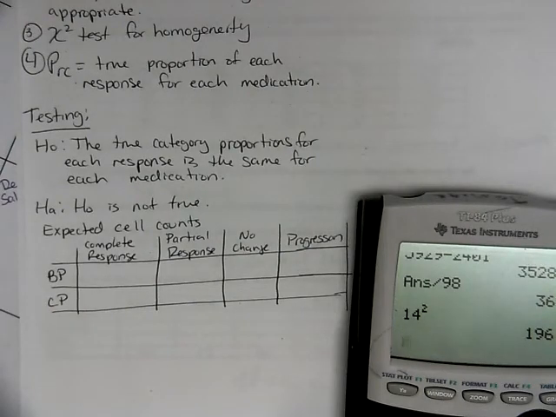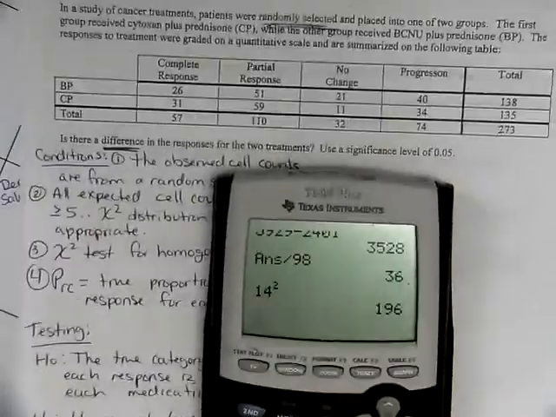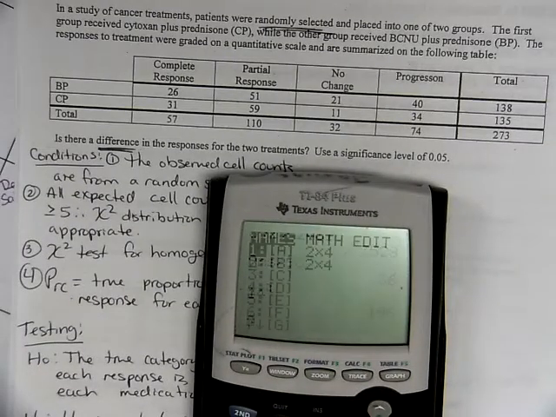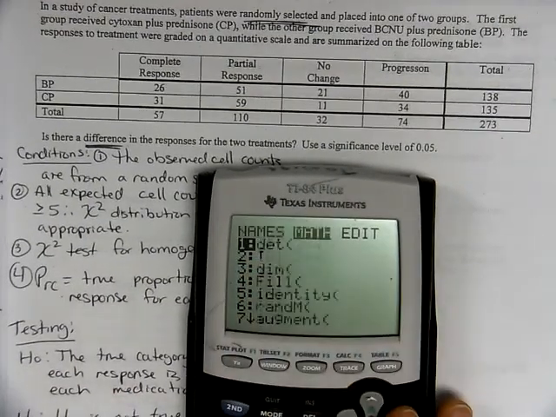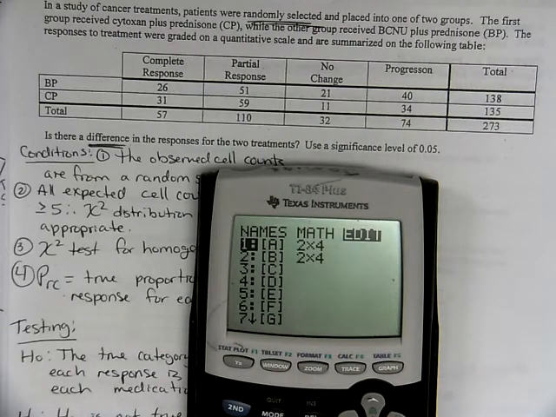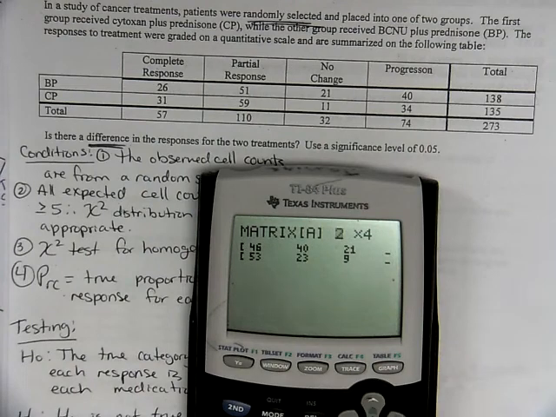The first thing you have to do, just like we did yesterday, is you have to put your observed values in. So we're going to use matrices. So you want to go to matrix A and go over to edit. Second, x to the negative 1 power, right under math. Make sure you go to edit. So this is, I always get this screwed up, 4 by 2 matrices.